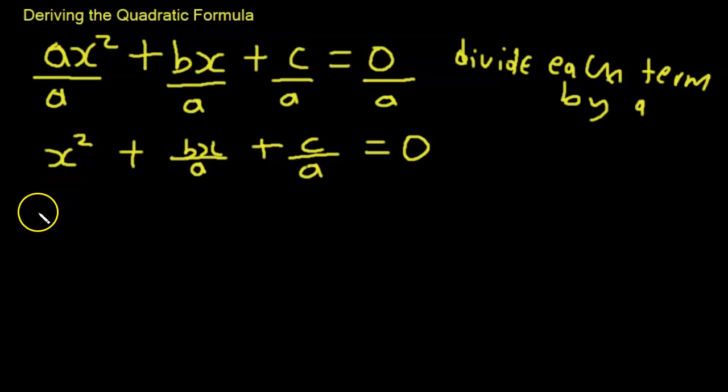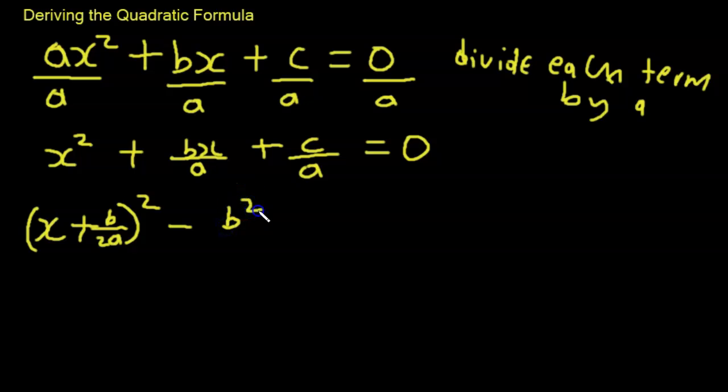Now we can complete the square, so we form our square here. Take the x, we split the x, keep the sign, split the b over a, meaning you multiply by half, and half of b over a is b over 2a. Now when we expand this bracket here, we'll have an extra b squared over 4a squared, because the last term for this expansion will be b squared over 4a squared, which we need to subtract in order to rewrite.